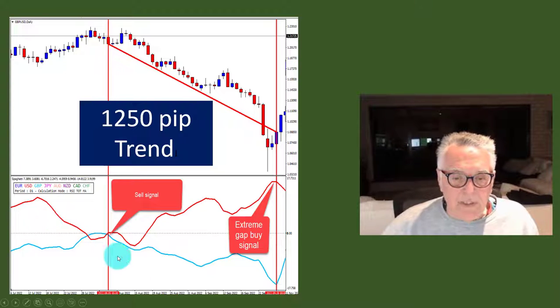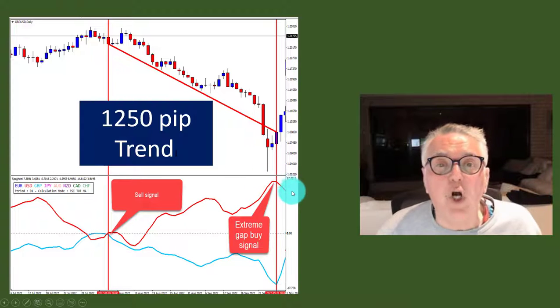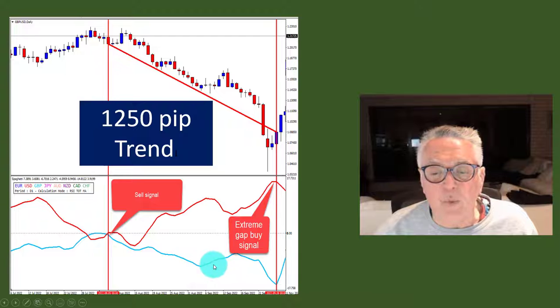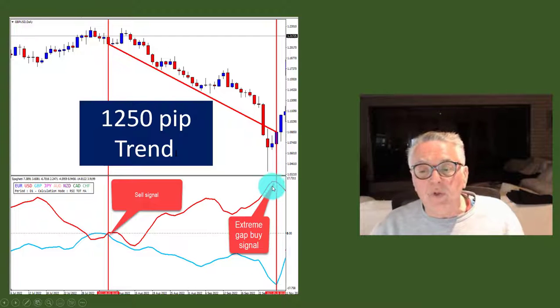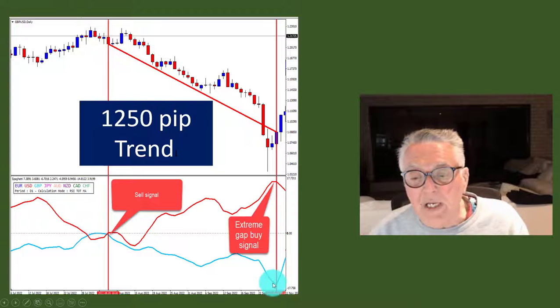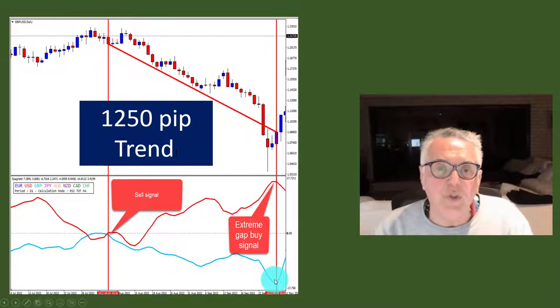So there was the crossover. It was a really good entry there. And as you can see, the one currency stayed strong throughout, and the other one stayed weak throughout. And what happened is the strong one got even stronger, and the weaker one got even weaker. And again, that's the opposite of what we saw earlier.